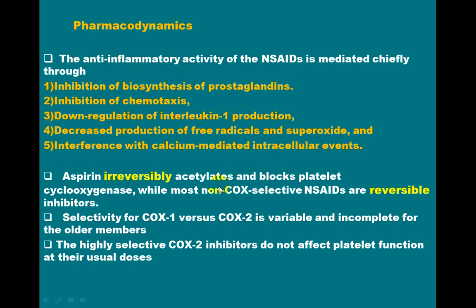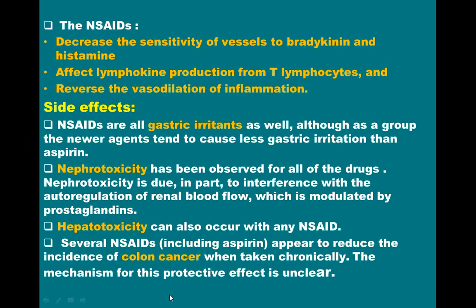The highly selective COX-2 inhibitors do not affect platelet function at their usual dose. Also, nonsteroidals can decrease the sensitivity of tissues to bradykinin and histamine, affect lymphokine production from T lymphocytes, and reverse the vasodilatation of inflammation. This is another mechanism of action for the anti-inflammatory properties of nonsteroidal anti-inflammatory drugs.